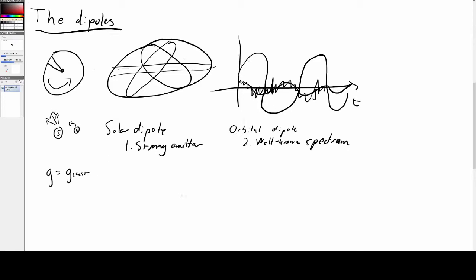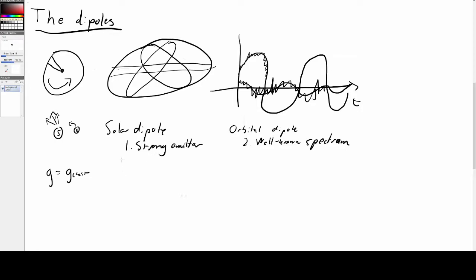The solar dipole, on the other hand, dominates over the noise and these galactic spikes and so on. So for short-term gain estimations, the solar dipole is clearly to be preferred. The orbital dipole would be too weak for this.